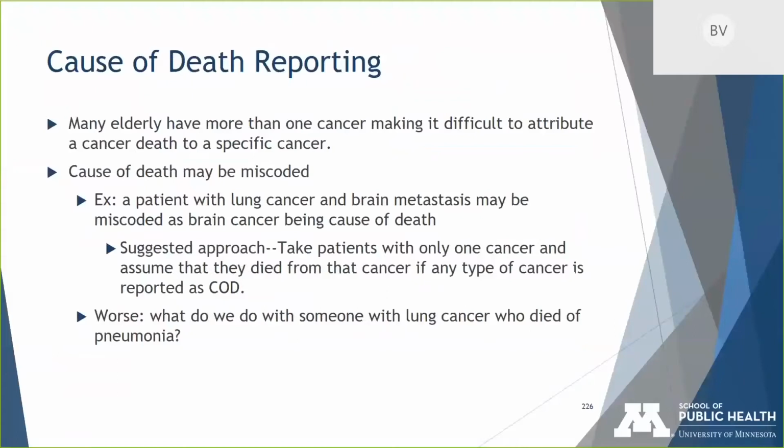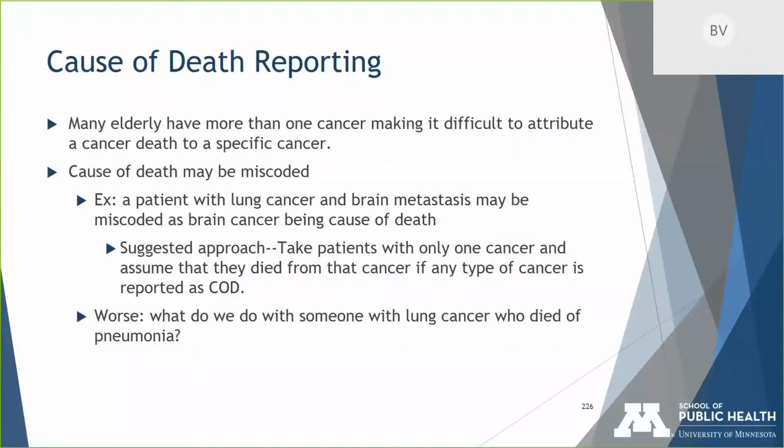So cause of death reporting can be tricky. Many elderly have more than one cancer, which might make it difficult to attribute a cancer death to a specific cancer. And the cause of death may be miscoded. If a patient has lung cancer and then a brain met, it may be that their final cause of death is listed as brain cancer.